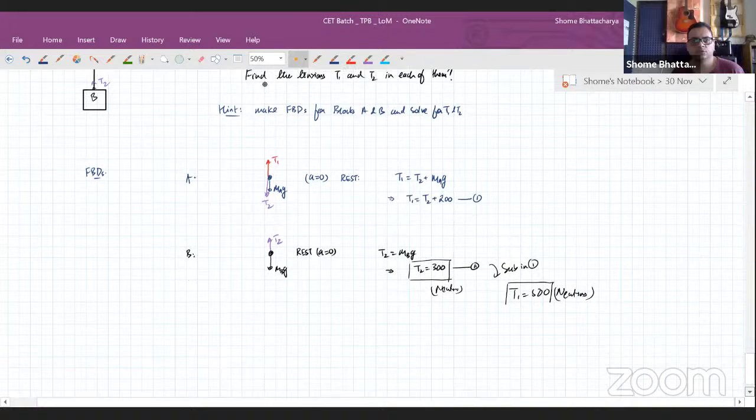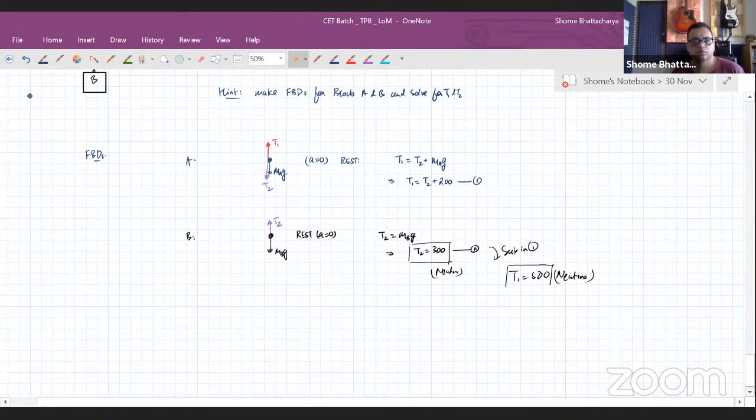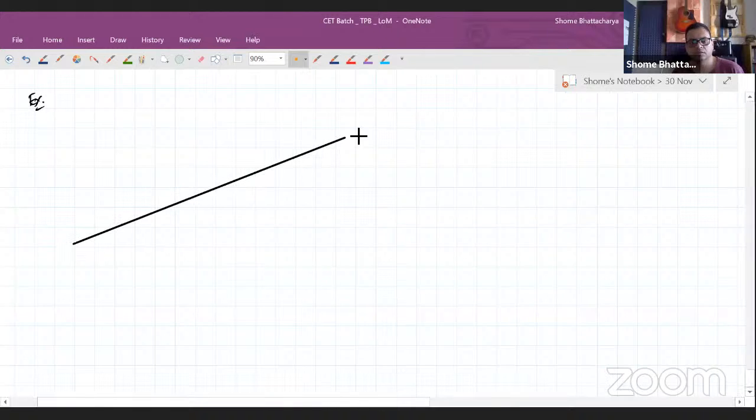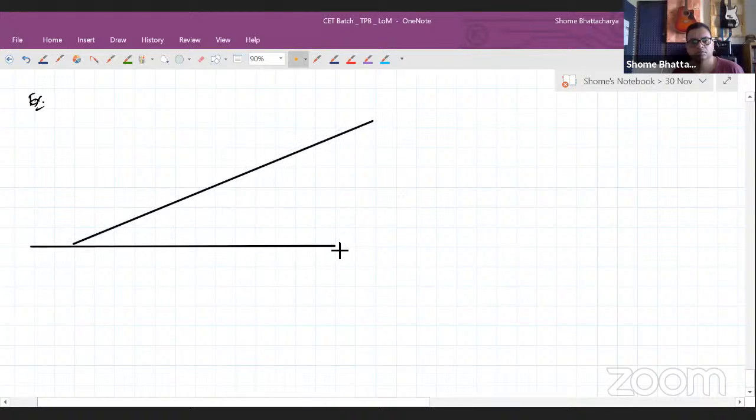Now the next example for you to solve is something which again has an inclined plane. So this angle of inclination is 37 degrees and this is a smooth inclined plane.